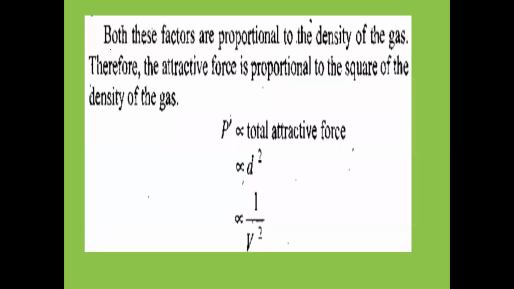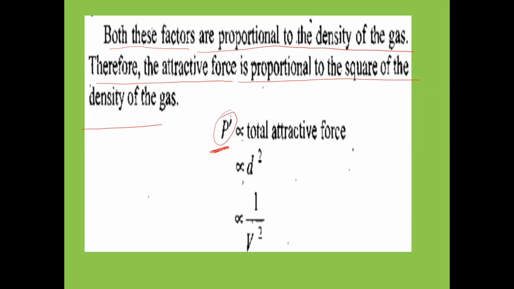Next, both these factors are proportional to the density of the gas. So both these factors will depend on the density of the gas. Therefore, the attractive force is proportional to the square of the density of the gas.